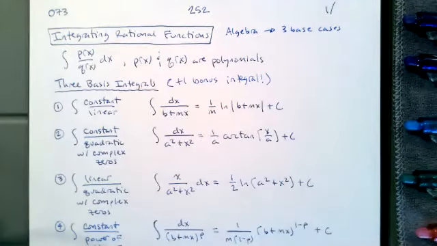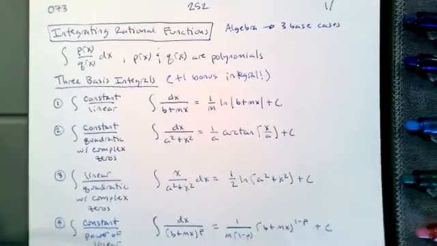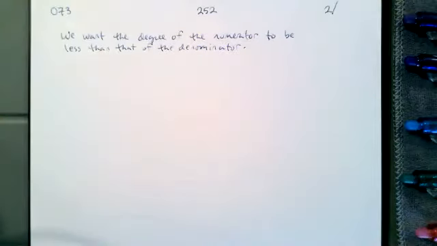Constant over quadratic with complex zeros, linear over quadratic with complex zeros, or combination thereof. We want the degree of the numerator to be less than that of the denominator. That is the goal. All right.